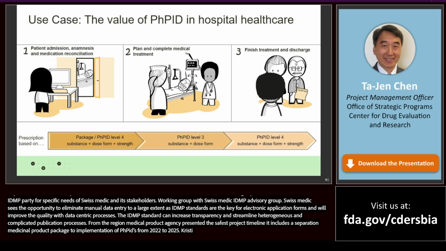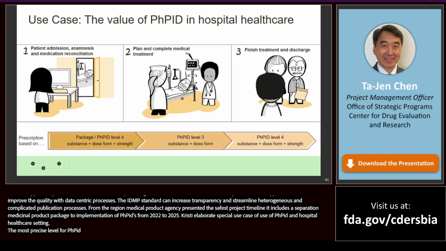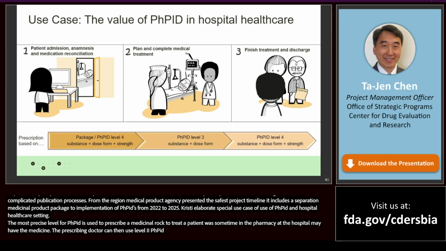The most precise level 4 PhPID is used to prescribe a medicinal product to treat a patient, but sometimes the pharmacy at the hospital may not have the exact medicine. The prescribing doctor can then use a level 2 PhPID with the same substance, same strength to identify a similar product in a different dose form.